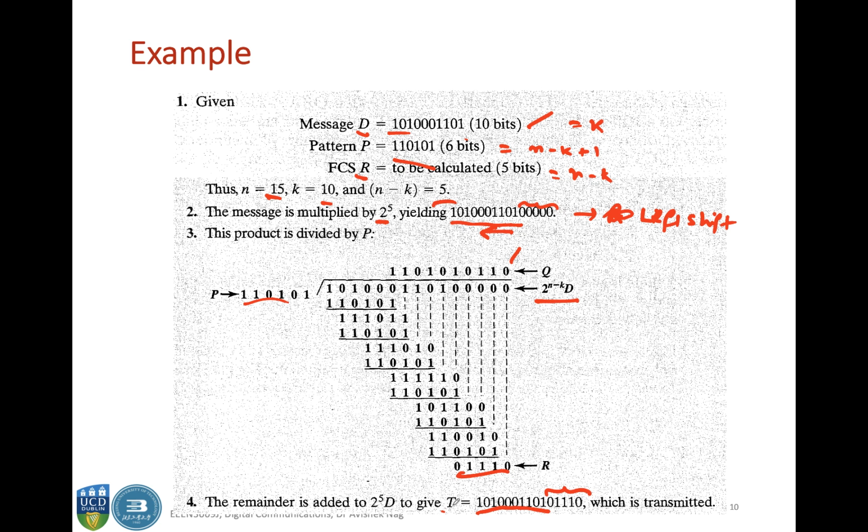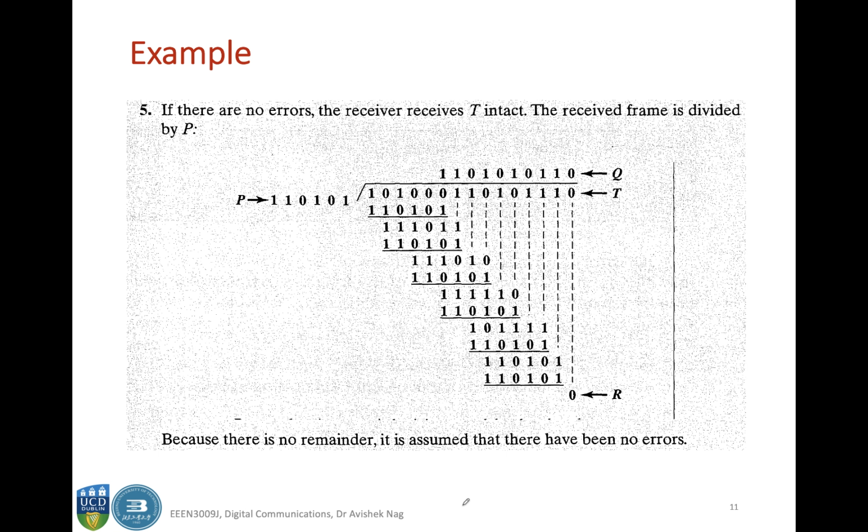So this is the entire frame that you need to transmit. Now if there are no errors, the receiver receives t intact. So the received frame is divided by p, and you see that you get a 0 remainder, and because there is no remainder, it is assumed that there have been no errors.